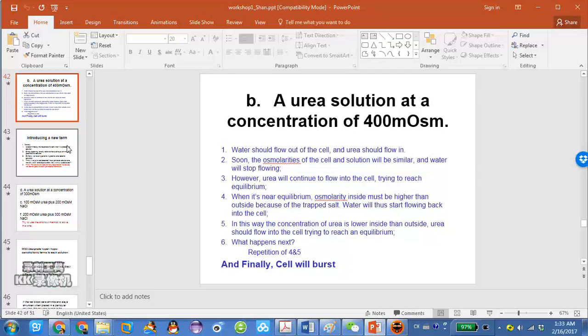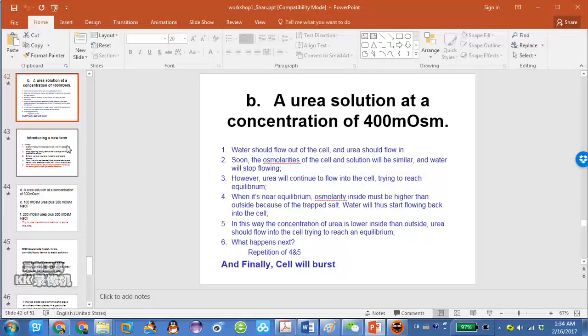So at the ending point, when you want to compare the osmolarity inside and outside the cell, you can ignore urea. You can only look at the solutes that are not permeable to the cell membrane. In this case, it's a salt which is trapped inside of the cell.